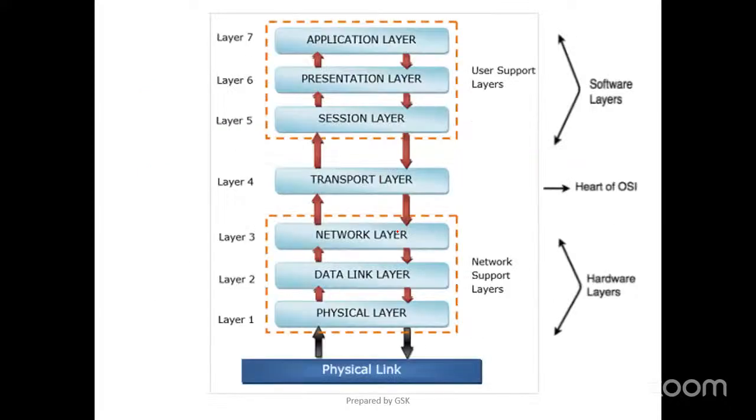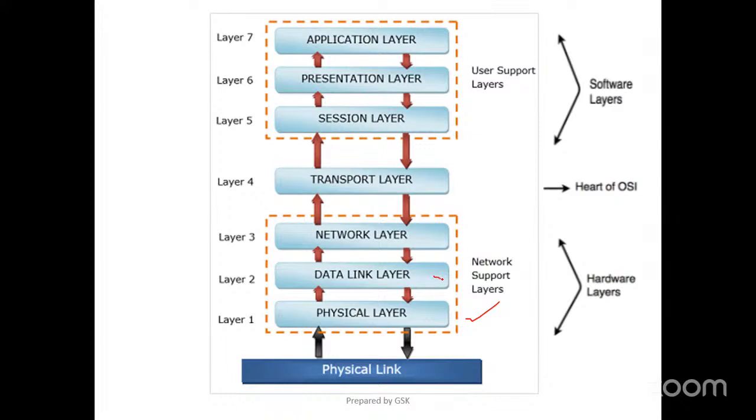As I covered, the OSI model is a layered approach. It has different layers. This is the complete picture of how many layers the OSI model has and what the names of those layers are. We have 7 layers in the OSI model. First layer name is physical layer.